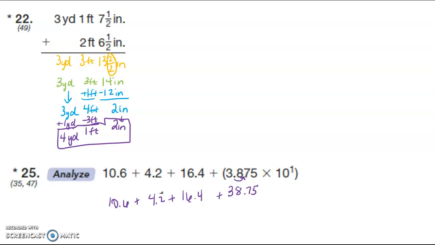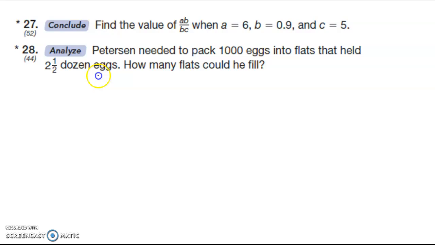Let's see. 10.6 plus 4.2 plus 16.4 plus 38.75, and I get 69.95. Let me know if you get something different. I could always be making a mistake. You need to call me on those if you see them.